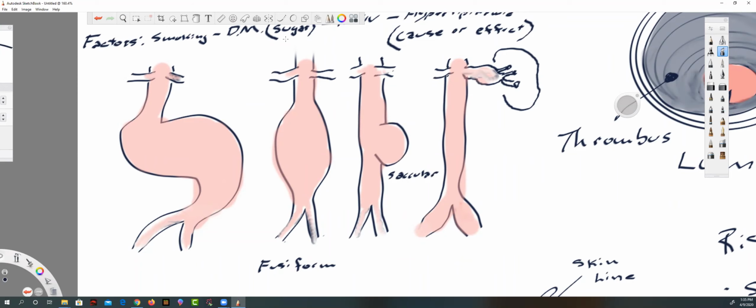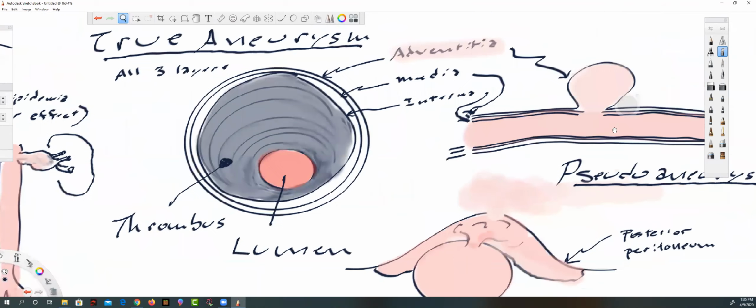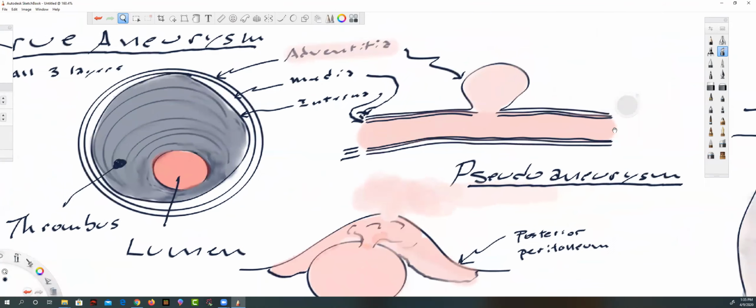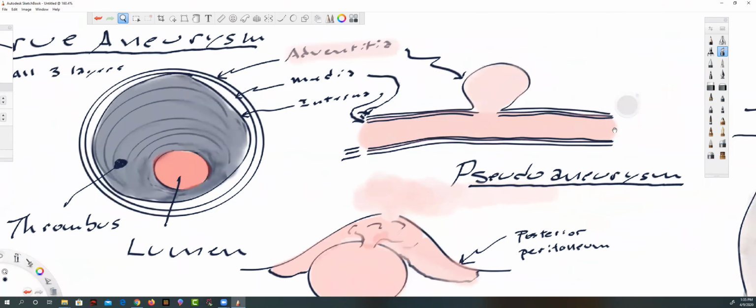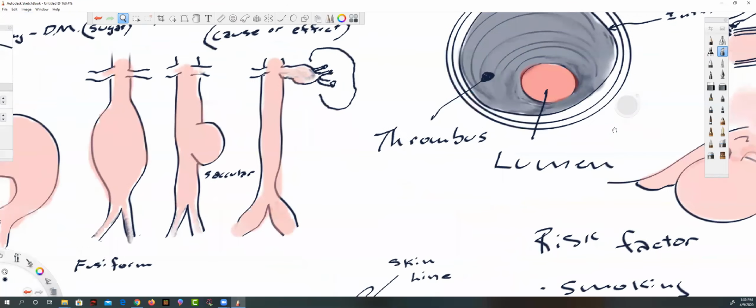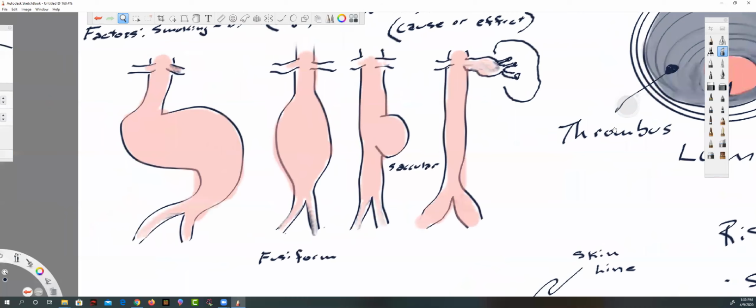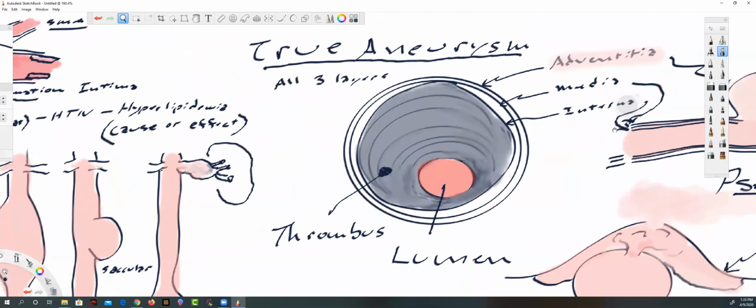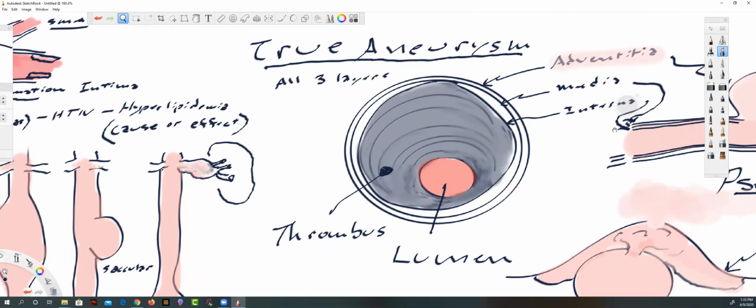This saccular is more likely to be a pseudoaneurysm, at least a pseudoaneurysm where the adventitia is still intact, whereas a fusiform is more likely to be a true aneurysm.